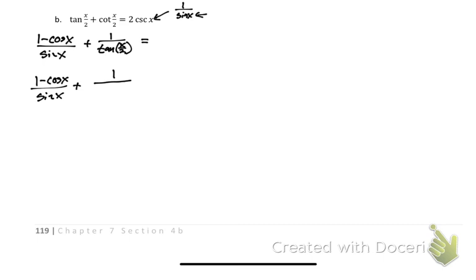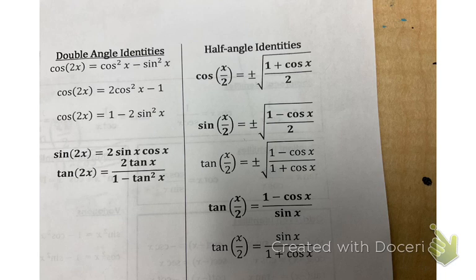Okay, so now we have to pick another one for this tangent x over 2. We want sine to be in the denominator, but we have to keep track of the fact that I'm going to flip whatever fraction I write. I actually need to pick this one. Since it's 1 over, and I'm going to take the reciprocal of it, this is the one that's going to put sine on the bottom.